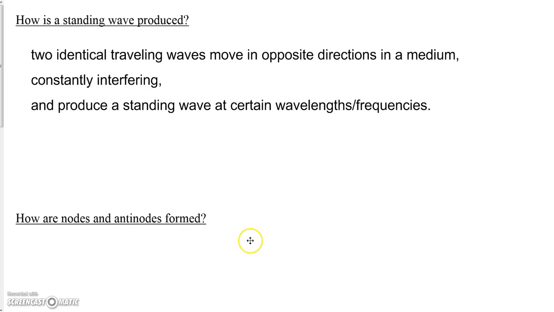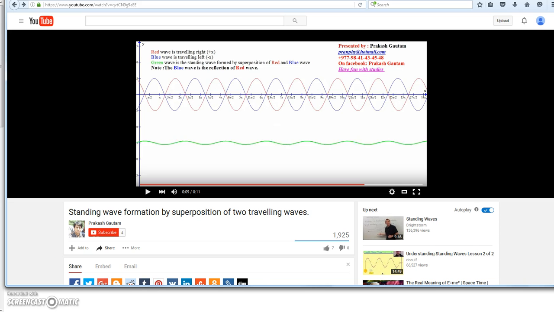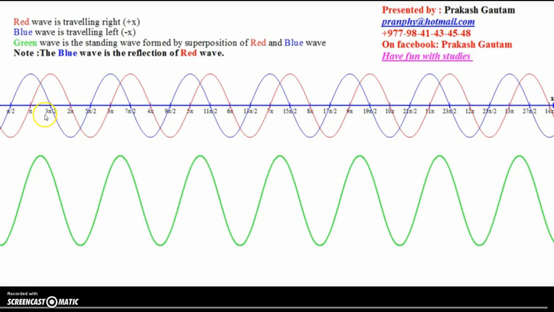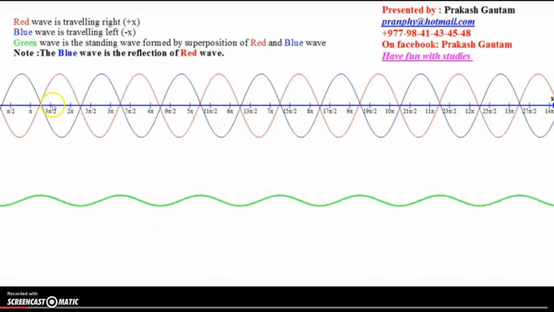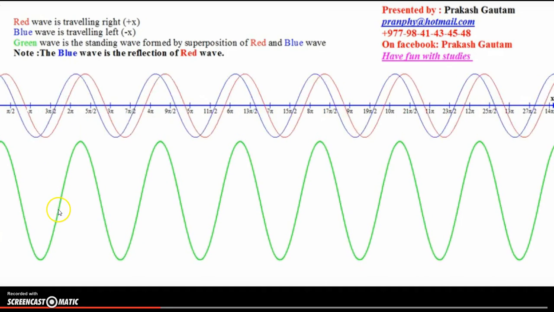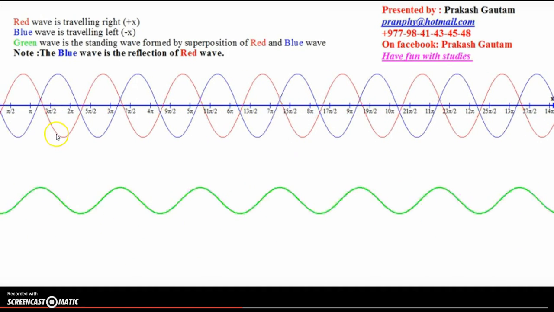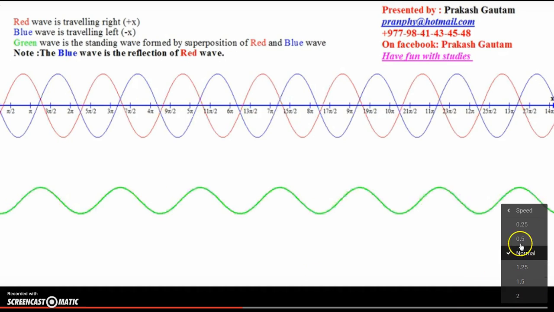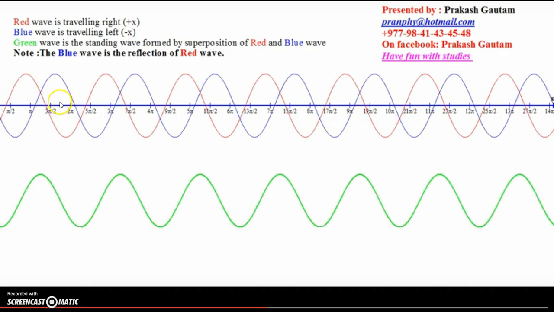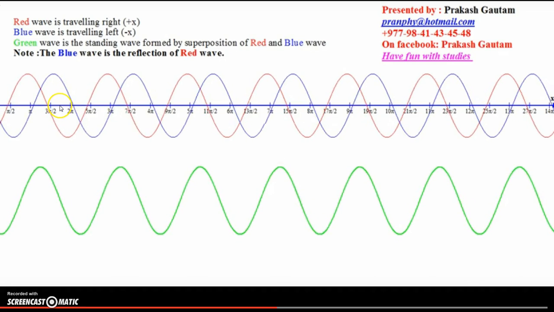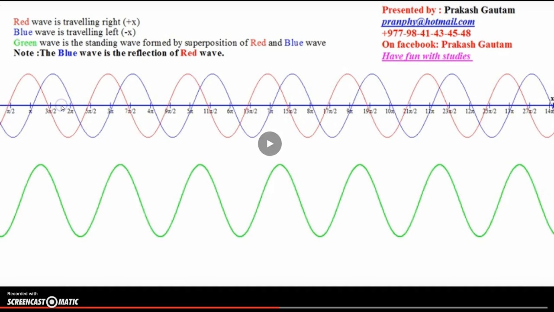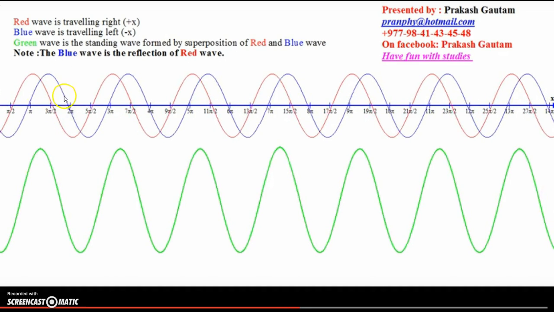But what about nodes and antinodes? Well, let's look back to the video for a moment. We've got a node located right about here. Let's see, right here. So watch what happens at this location on the string, at this node. I'm going to slow this down. Let's go to 0.25. Here's the node, right here at this location, where my mouse is, you have red is negative, blue is positive. If we let some time pass, at this same location of my mouse, red is negative, blue is positive.